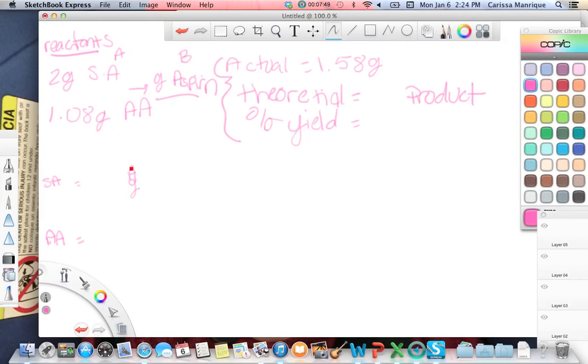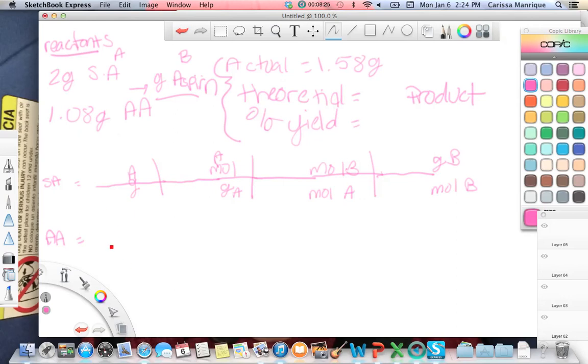What you're making is always your B. So gram A to mole A, mole A to mole B, and then mole B to gram B. Okay? The same thing we learned in chapter 3.